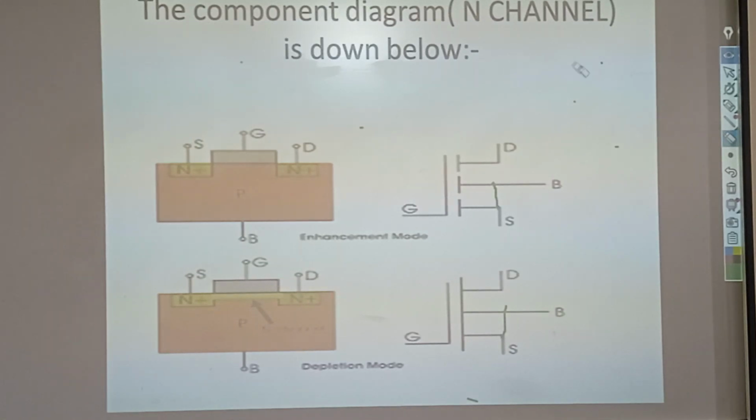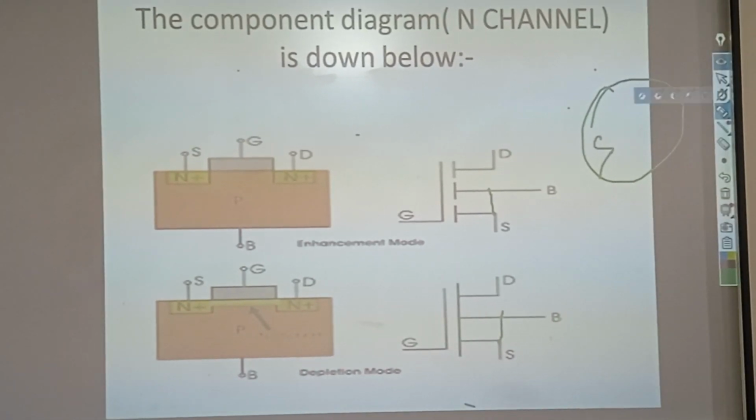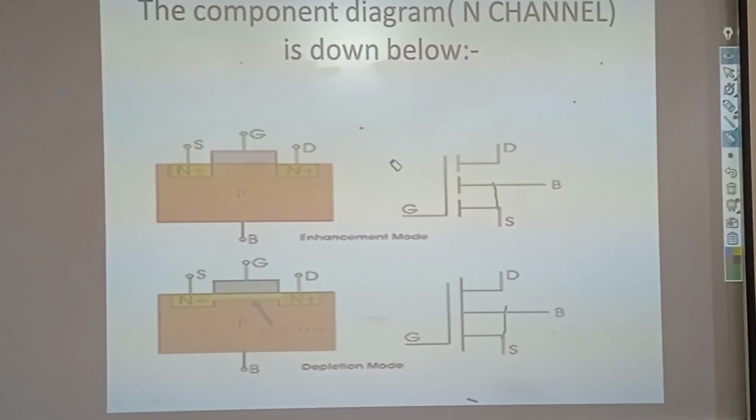Now I am going to show you a P channel, P junction. In a P junction there is silicon, as you all know, for 8 electrons. Now we add boron. Boron has 3 electrons.